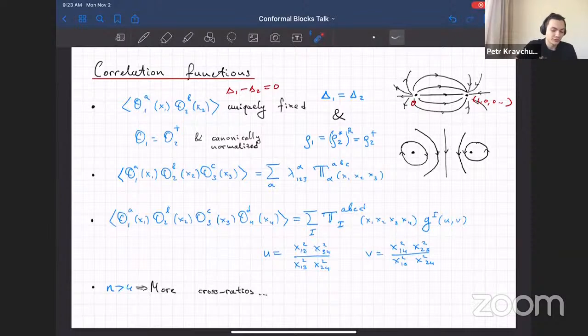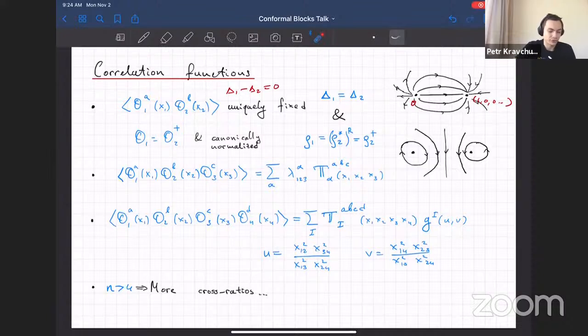This requires that the Lorentz representations of these operators are related in the following way. The Lorentz representation of O1 in Euclidean language should be dual, the star, to the reflected representation of R2. By reflection, I mean just exchanging left and right chiralities.